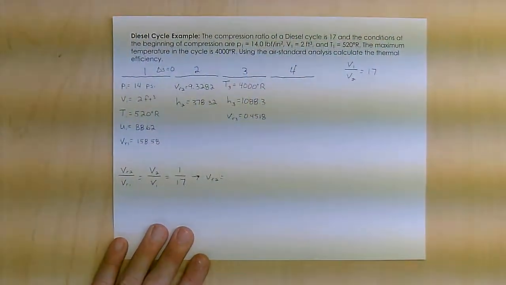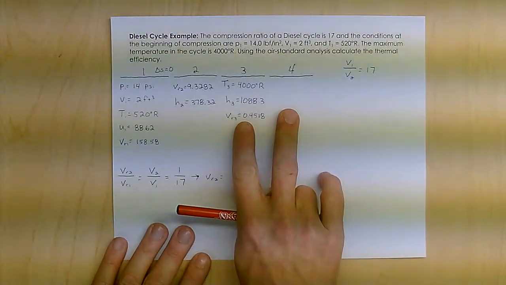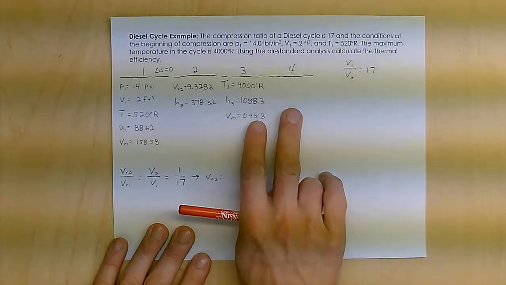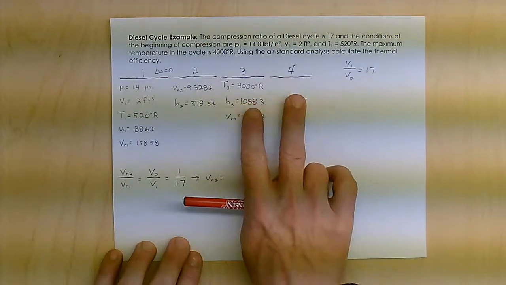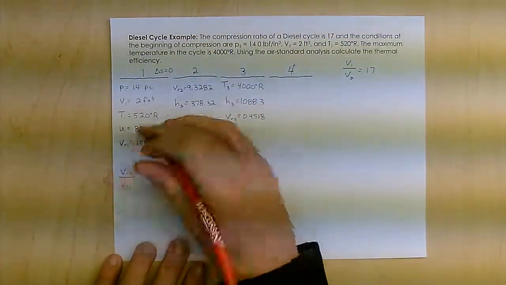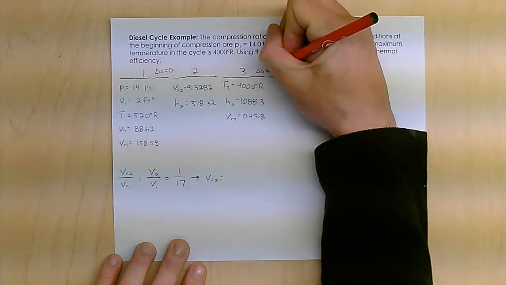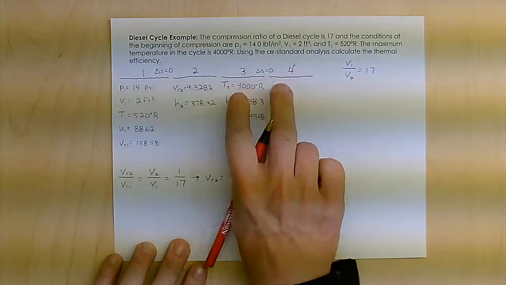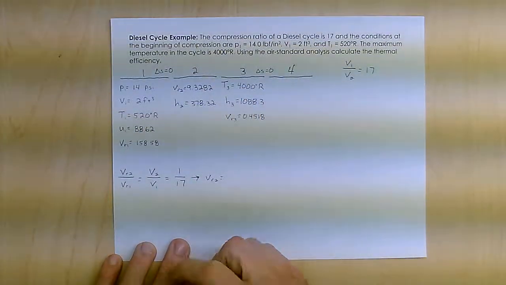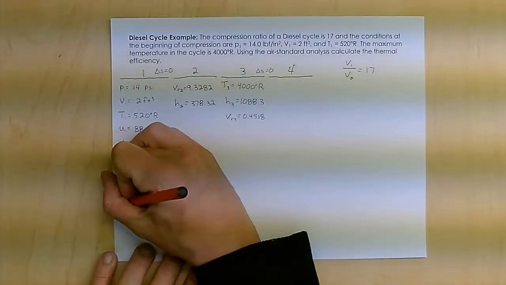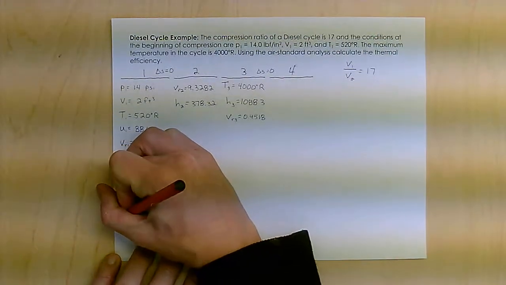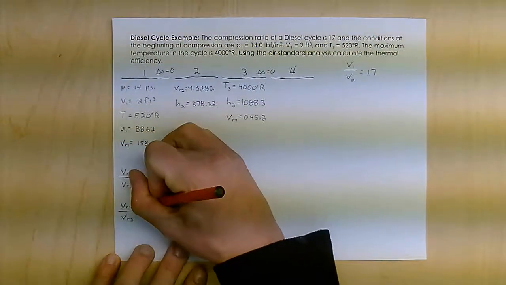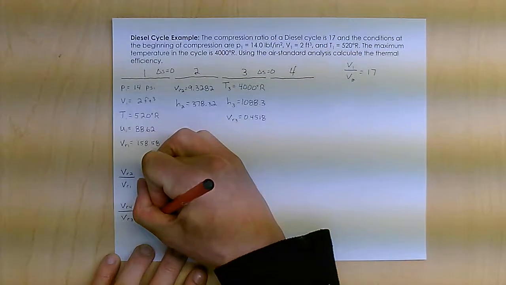Now I'm looking for V4. I can use the same idea because this is also isentropic. This is an isentropic expansion. So if I'm looking for VR4 over VR3, that equals V4 over V3.